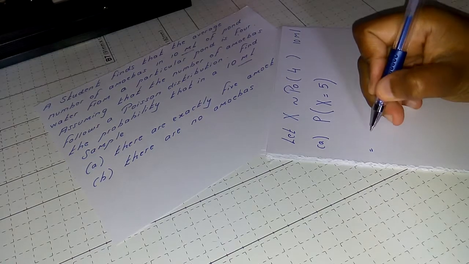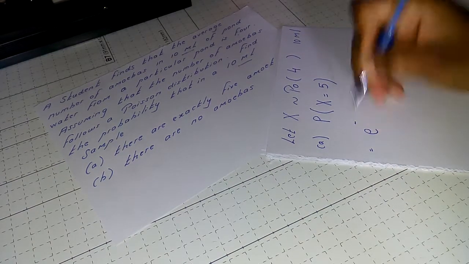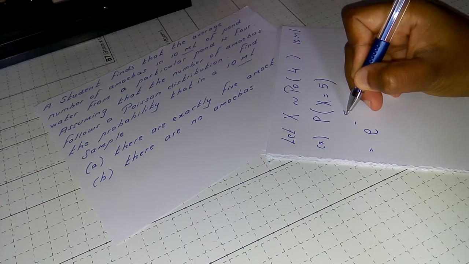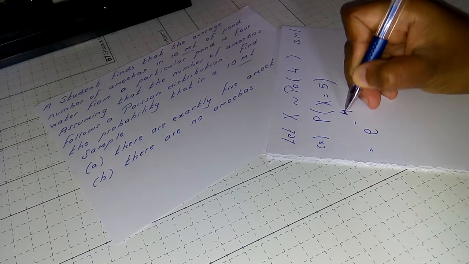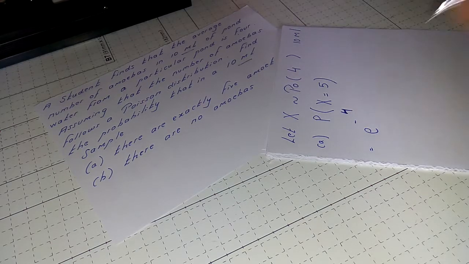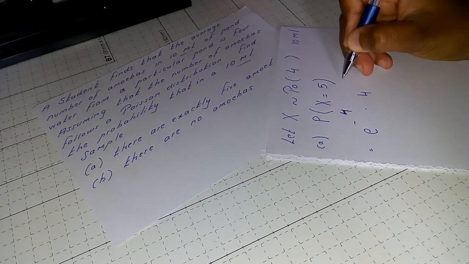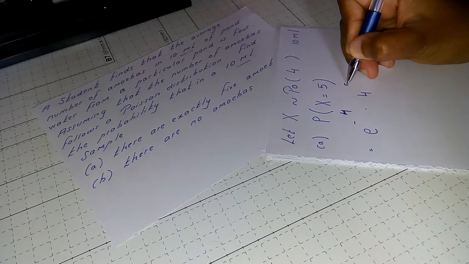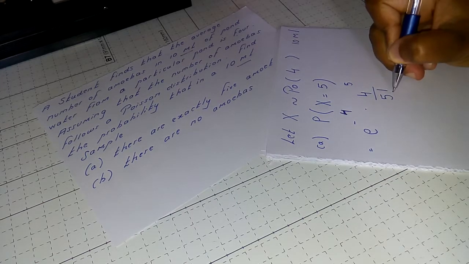So here we have exponential power negative lambda, which is negative 4. You multiply by lambda again, which is 4 power x, and x here is 5, over 5 factorial.